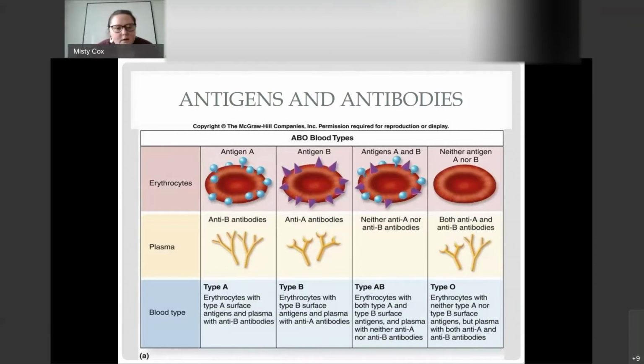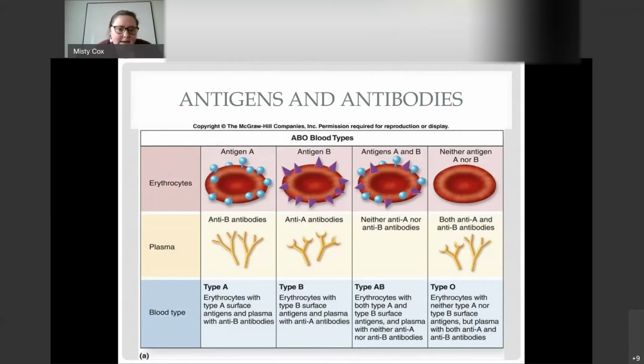And we don't want our red blood cells to be destroyed because they are responsible for carrying oxygen to tissues. So in blood typing, you will see that whatever antigen is present on the red blood cell surface, the first row, you will have the opposite antibody. That's the second row, the plasma.